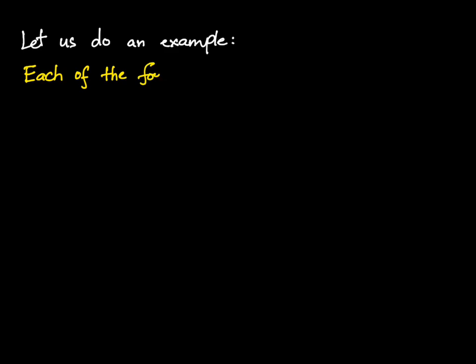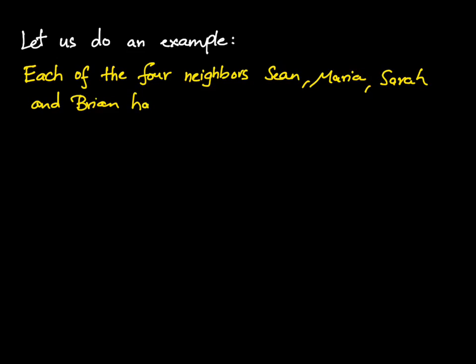It's talking about four people, right? They're neighbors, they live next to each other in the same building. Sean, Maria, Sarah, and Brian. And we need to figure out who does what profession. They all have different professions.